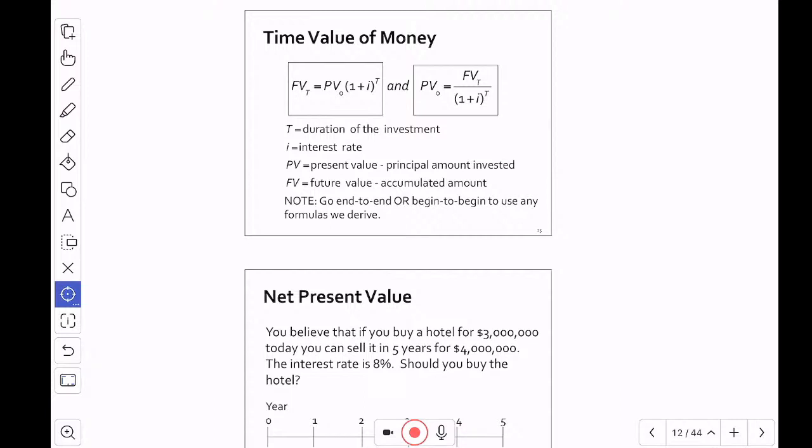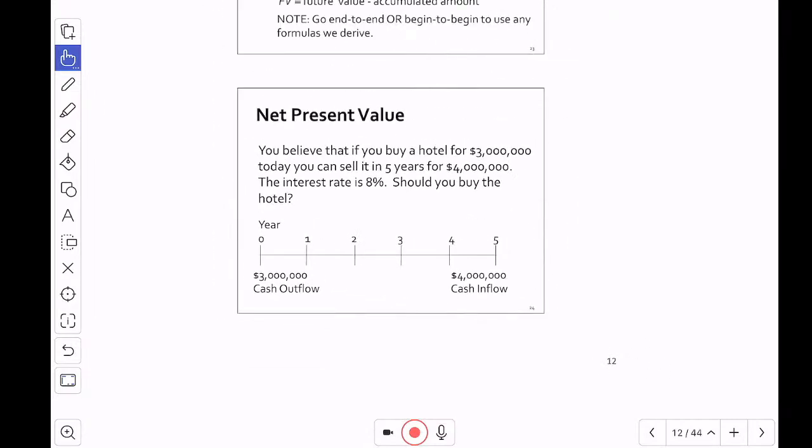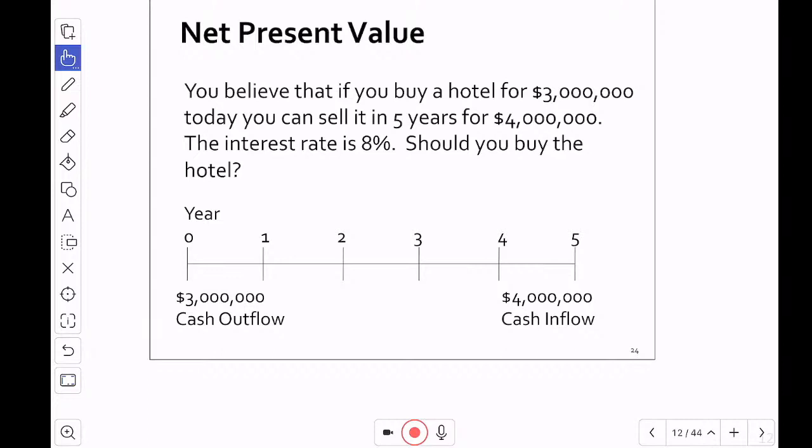Actually, maybe we should, well, we'll do that later with some problems. I don't want you to solve the problems that way, so I've avoided it so far. I want you to use your financial keys. All right, so now we're going to talk about net present value.